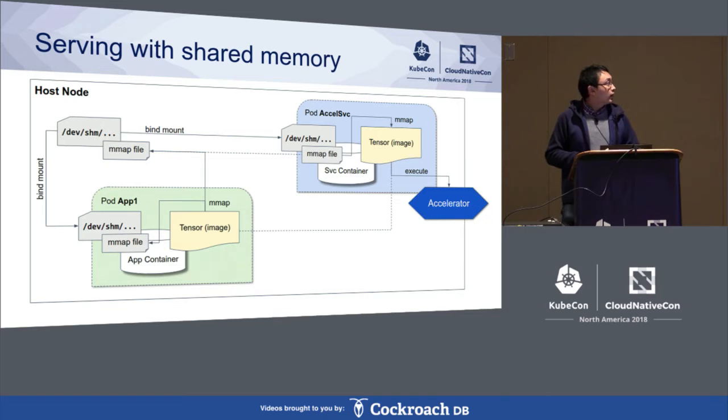After that, we can see the yellow block, the tensor image, is actually a single copy in physical memory, but shared by two pods. So they are sharing the same data without copying any data. And the auxiliary service can offload the image data to the accelerator, and with a similar mechanism, they can also send back the result.